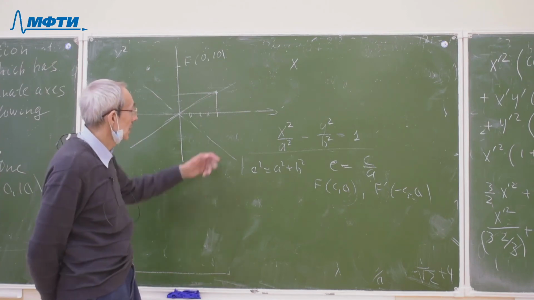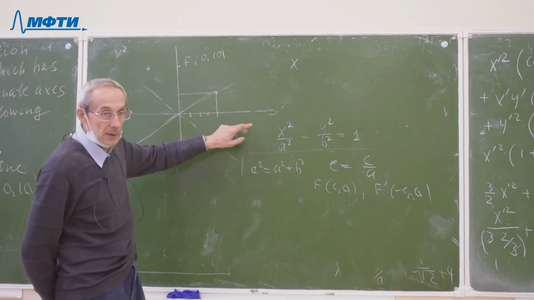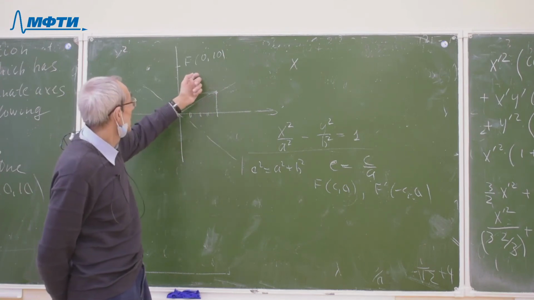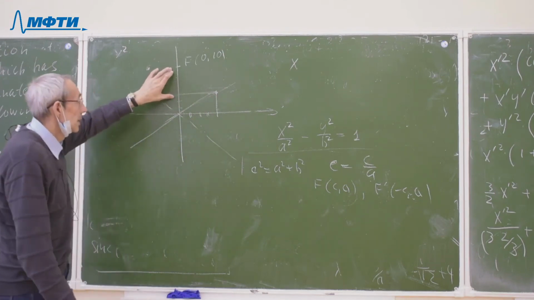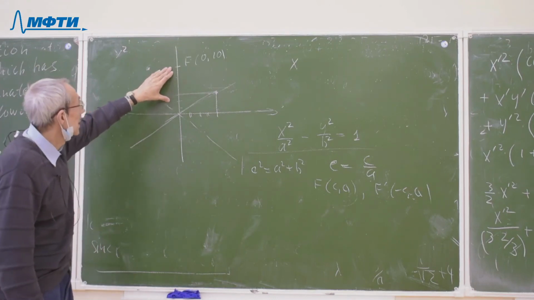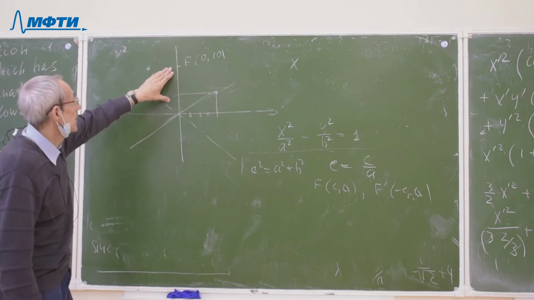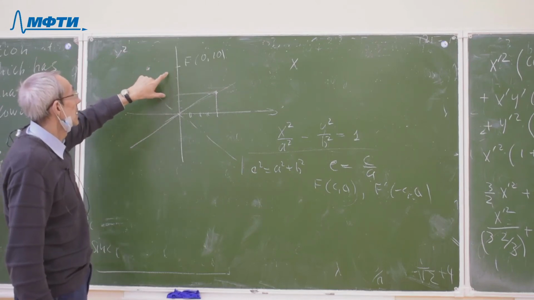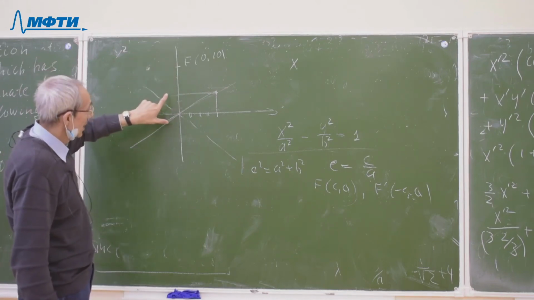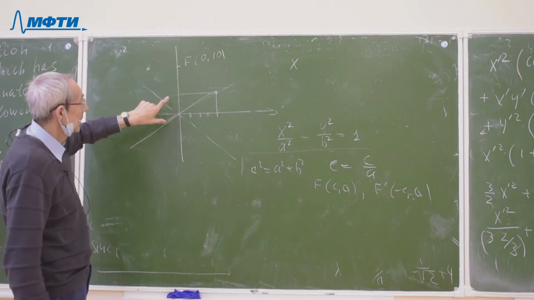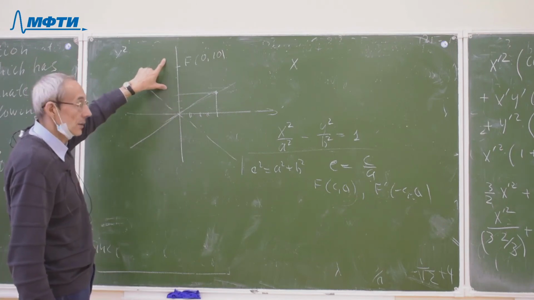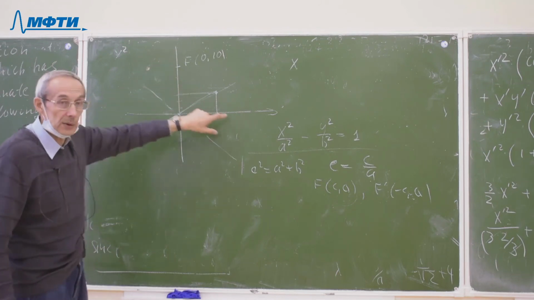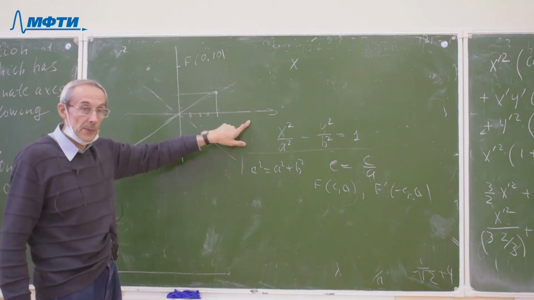We can change the coordinate axes. If we change the old coordinate system, axis OY, into axis OX prime, we obtain the canonical coordinate system.